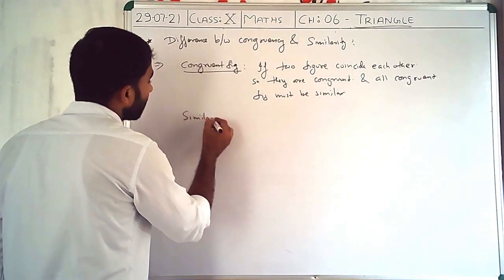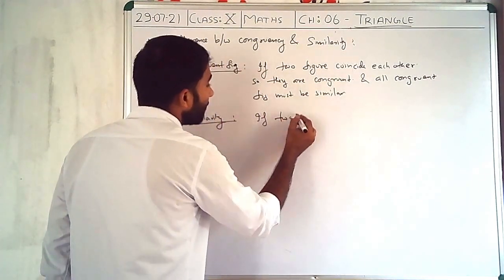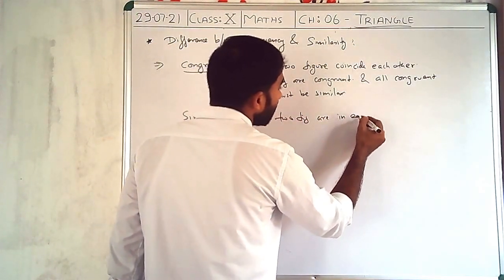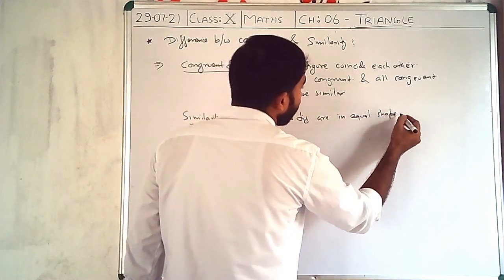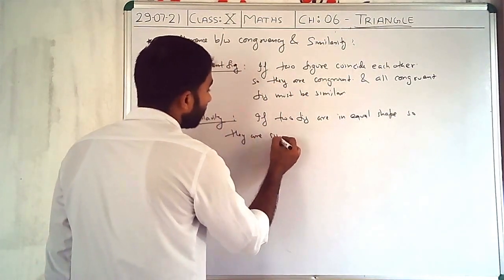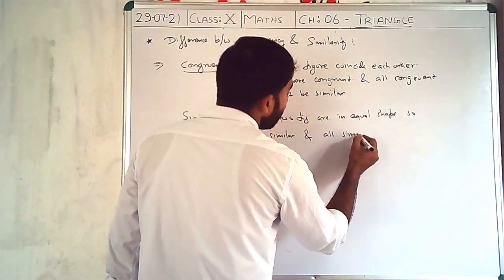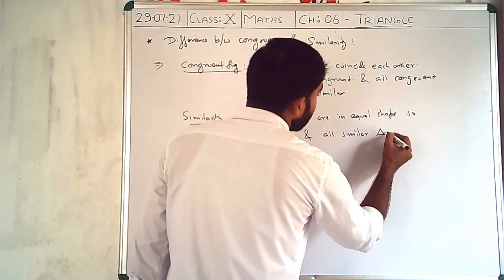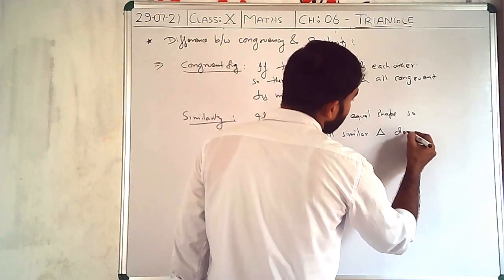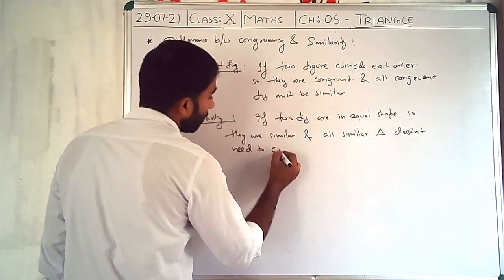Similarity. If two figures are of equal shape, then they are similar, and all similar triangles do not need to be congruent.